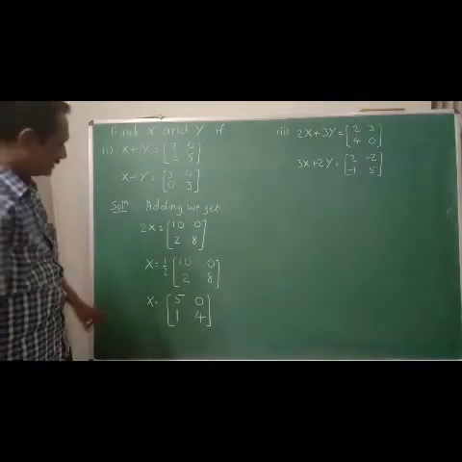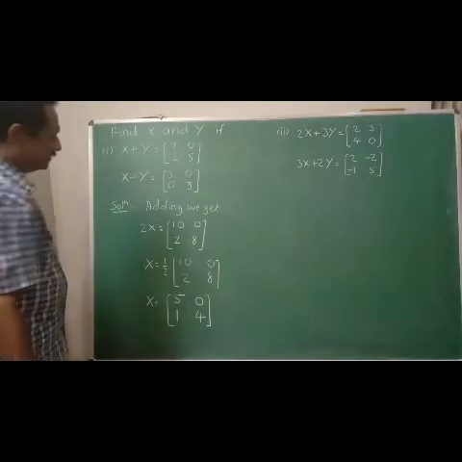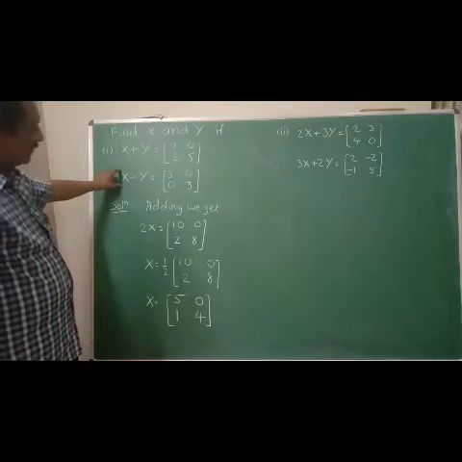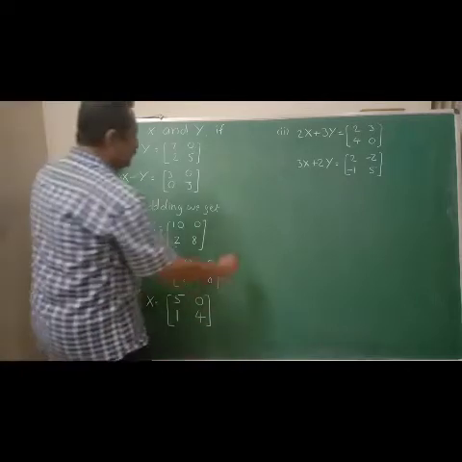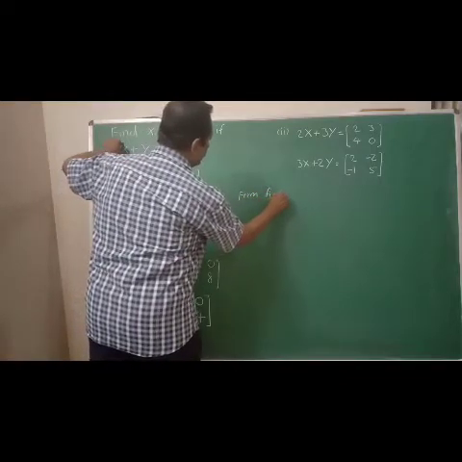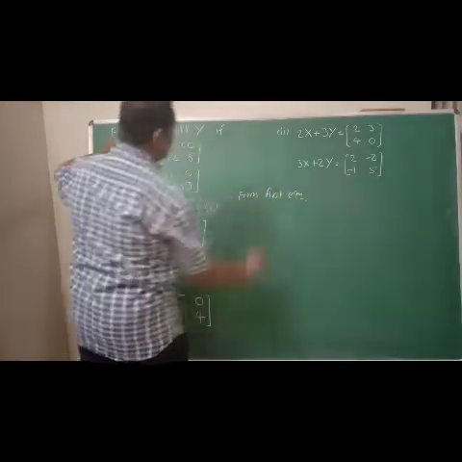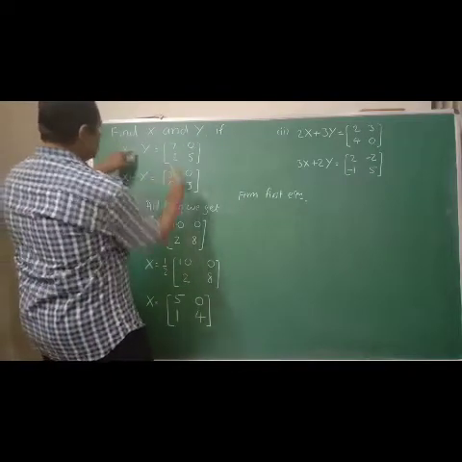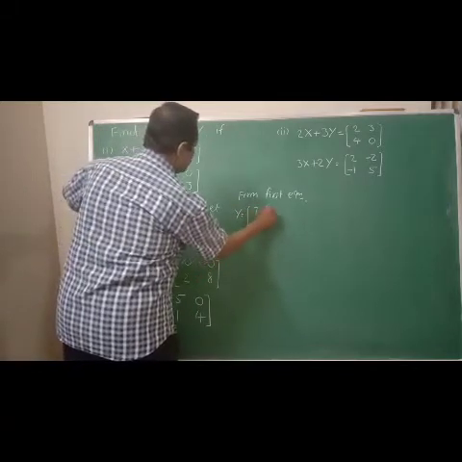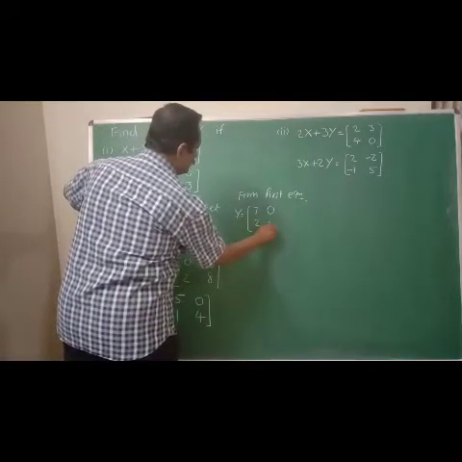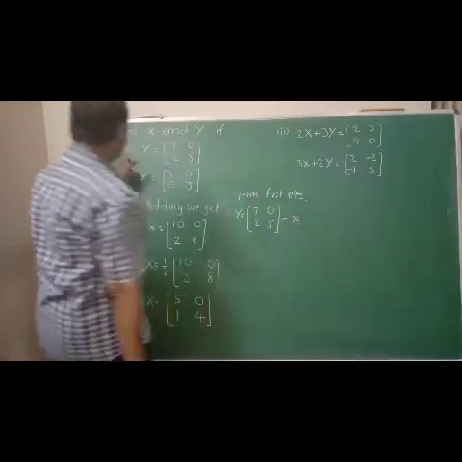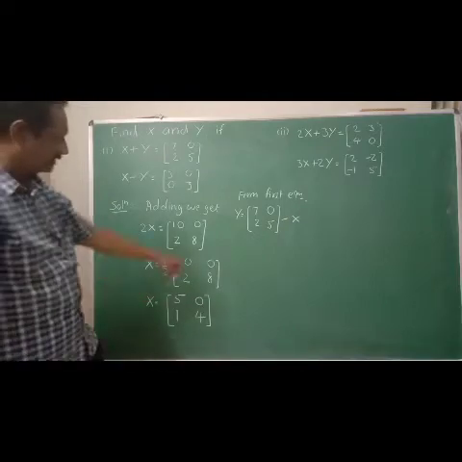Here is matrix x. Then use this x either in the first equation or in the second equation. I am taking the first equation. From the first equation, take x to the right hand side. y is equal to the matrix 7 0 2 5 minus x. x is this matrix, so use it here.